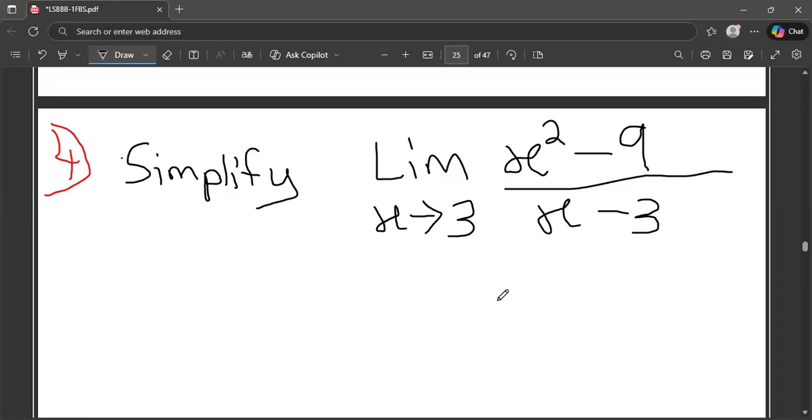You realize that if you put 3 into this equation, quickly punch all of this into the calculator and see what you get. When you punch this into the calculator, you realize that you are going to get an answer of undefined, which is what? Math error. So we don't want that in mathematics. So we have to find a way of simplifying this.